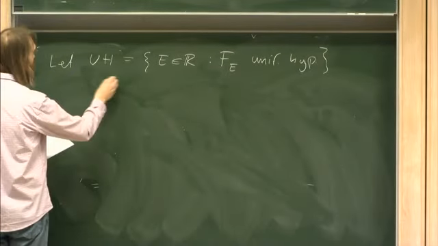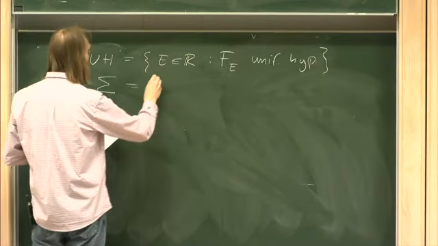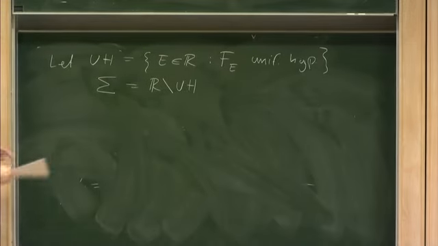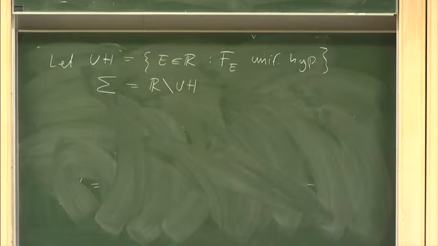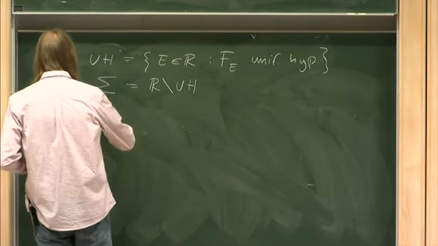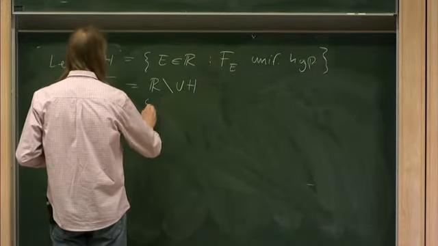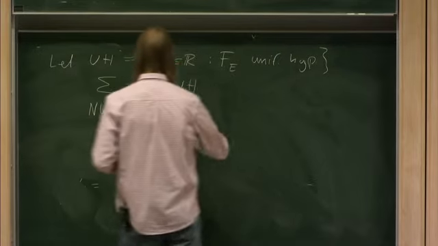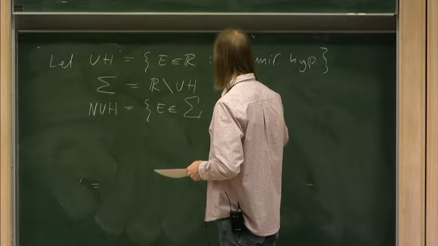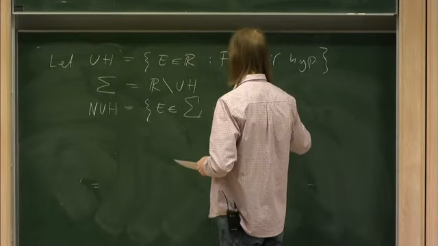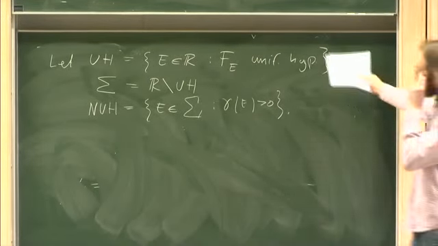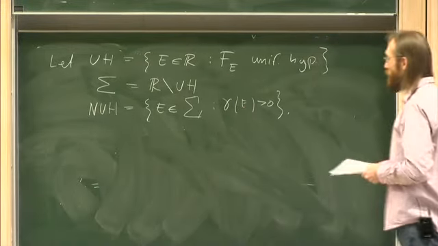And then I let sigma be the complement. It's sometimes called the Johnson spectrum. And then I say that non-uniformly hyperbolic means that you take an energy which lies in sigma, and the Lyapunov exponent is positive. So first we have uniformly hyperbolic, then we have the complement, and then we have this non-uniformly hyperbolic.